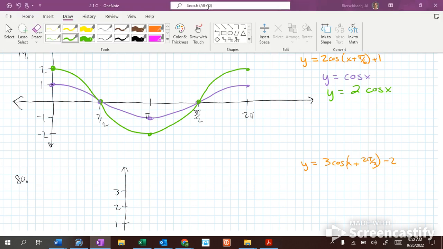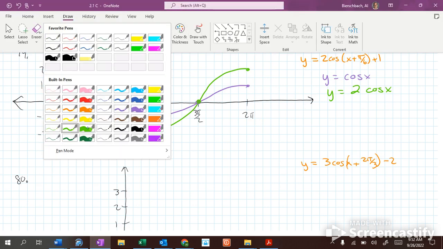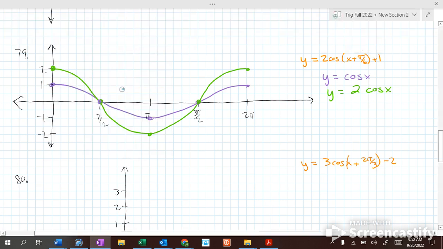What's my next step, Cameron? Y equals 2 cosine of x plus pi over 6. Pi over 6 moves which direction, how far, Cameron? To the left pi over 6.